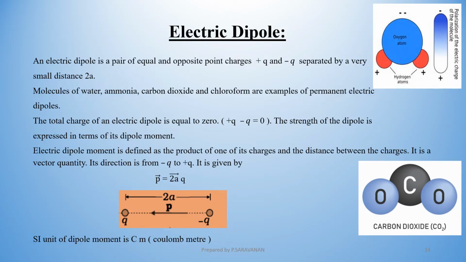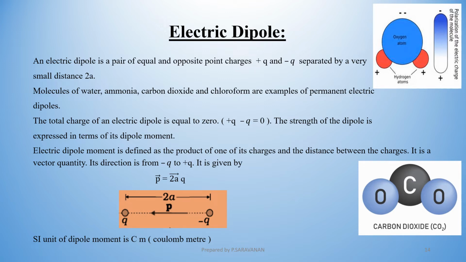Electric dipole. As we have already defined, an electric dipole is a pair of equal and opposite point charges plus q and minus q separated by a very small distance 2a. By nature itself, there are some molecules such as the molecule of water, ammonia, carbon dioxide and chloroform, which form examples of permanent electric dipoles.